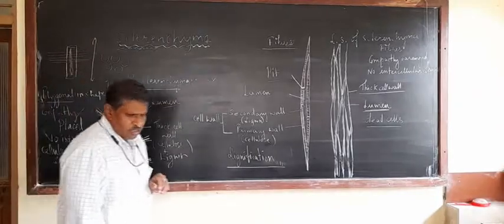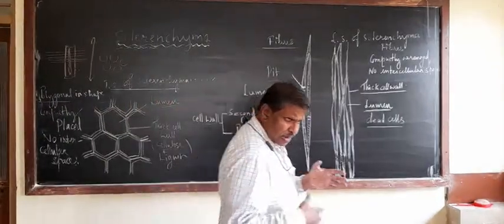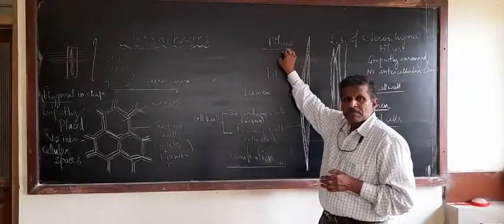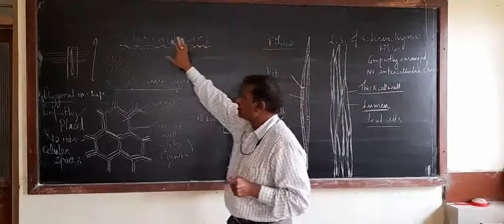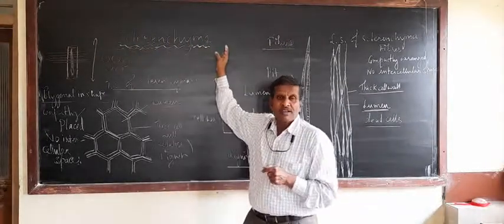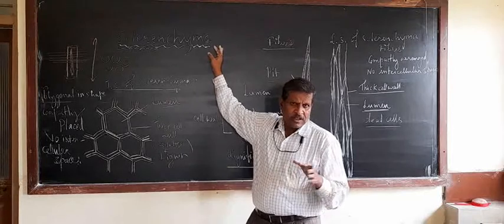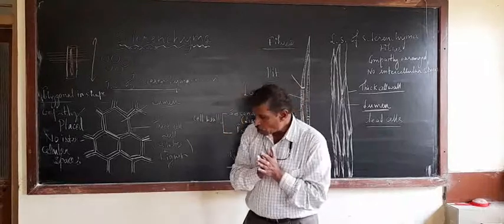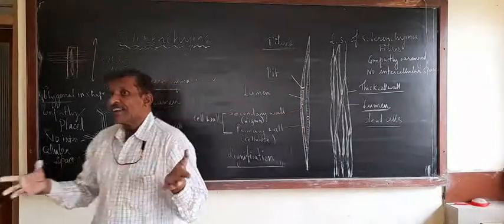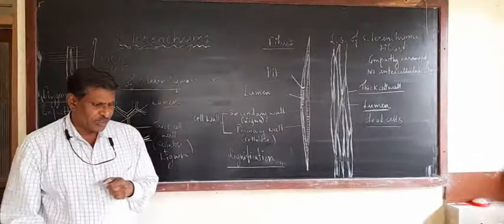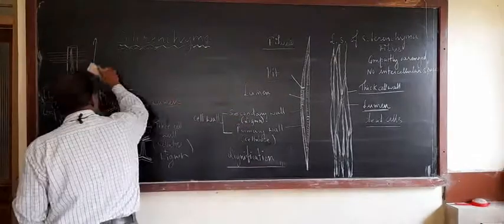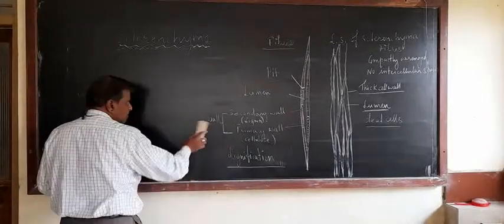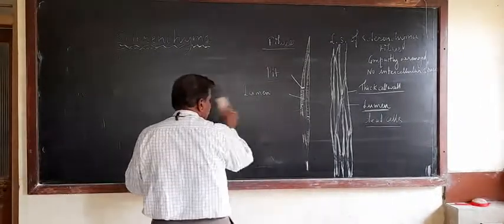Now let me consider the other type of Sclerenchyma cells. Usually the Sclerenchyma fibers. We consider Sclerenchyma fibers as the most common type of Sclerenchyma cells. In addition to these Sclerenchyma fibers, there are also other Sclerenchyma cells present. These Sclerenchyma cells that are present other than fibers are usually called sclereids.